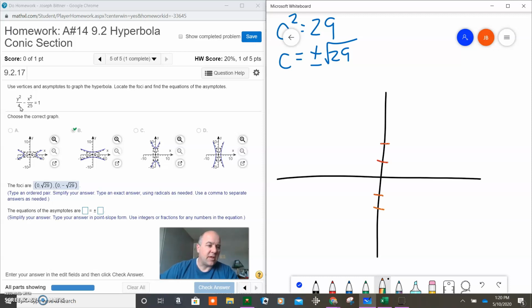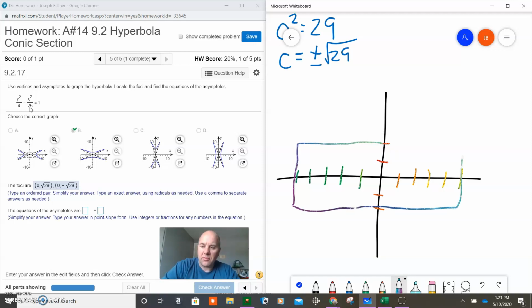And since the denominator over here is 25, which is 5 squared, it's going to go right 5 and then left 5. Technically there's supposed to be an imaginary box, and that's what they're graphing here when they graph the box.